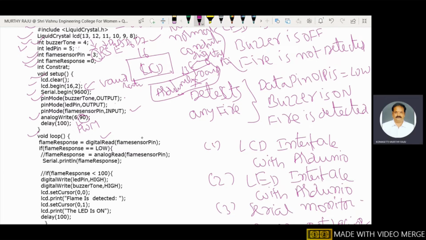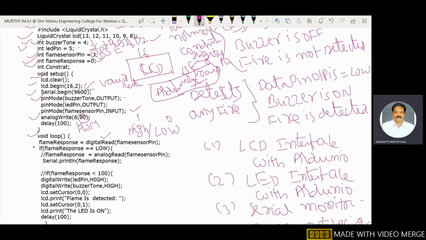The flame sensor pin is either high or low based on fire detection. Under normal conditions, the flame sensor pin is high. Under fire detection conditions, the flame sensor pin is low. Digital read means high is 1, low is 0. Digital means 2 values, 0 and 1.